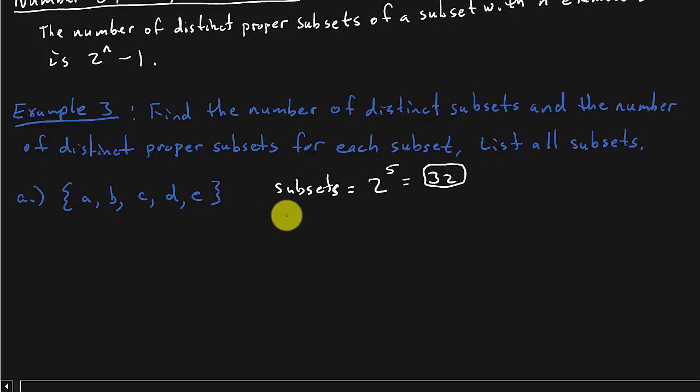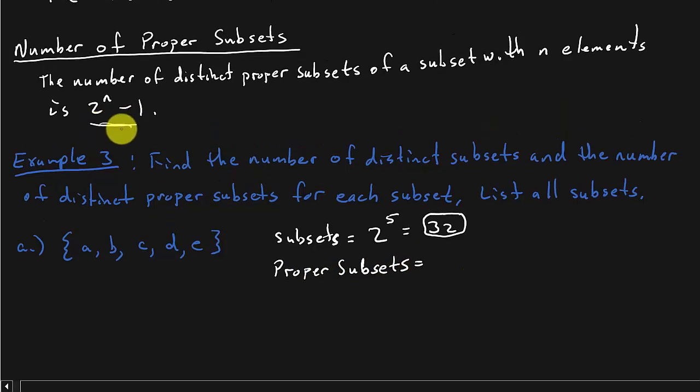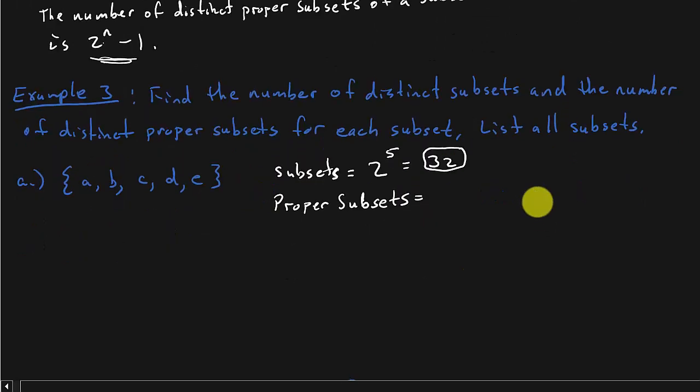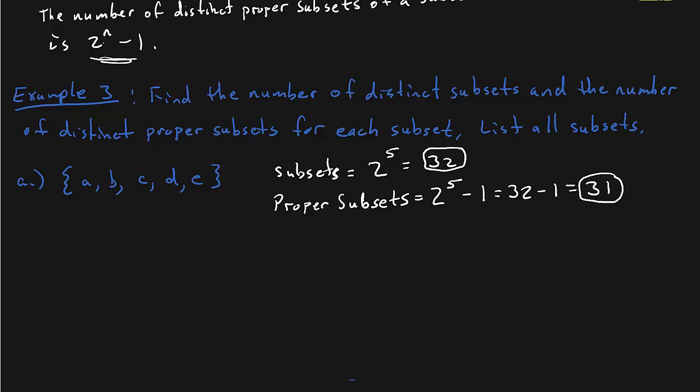All right, now we want to know how many proper subsets there are. Well, that's this 2 to the n minus 1. So that's 2 to the 5th minus 1. Well, 2 to the 5th is 32, minus 1, which is equal to 31. So that's how many subsets and how many proper subsets.